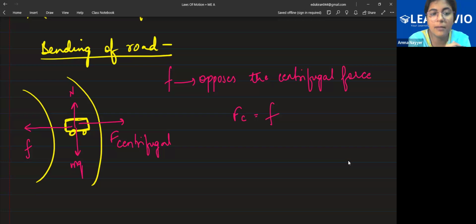Then let's come to the horizontal portion. Vertical is done, normal reaction is there, mg is there. Outwards, centrifugal force will be acting. Now again, I have told you centrifugal force is also not an actual force which is present. It's a requirement, it's a demand. Any force that acts along the radius and away from the center fulfills this demand.